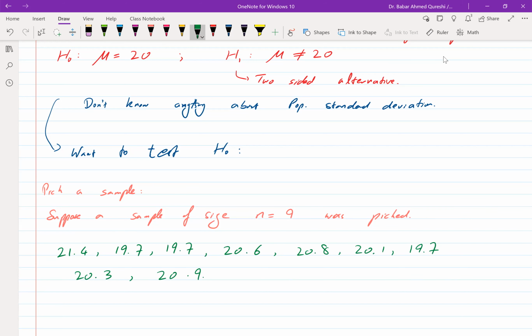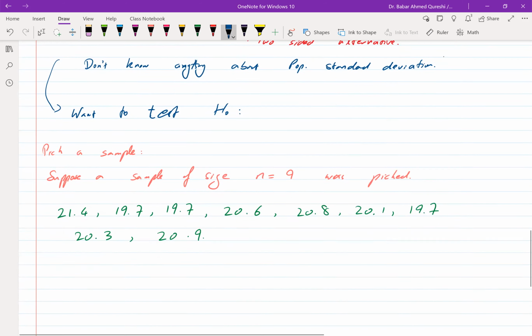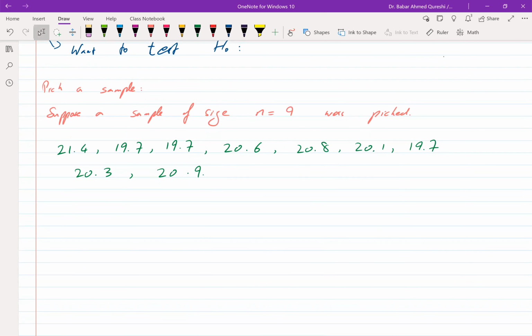Now, in order to proceed with the test, you need to compute the critical values. But to compute the critical values, you need the sample standard deviation.